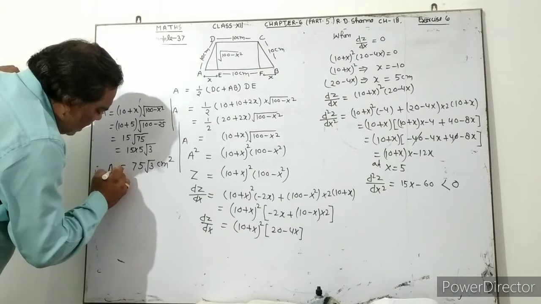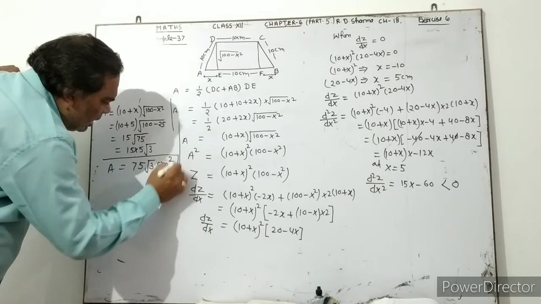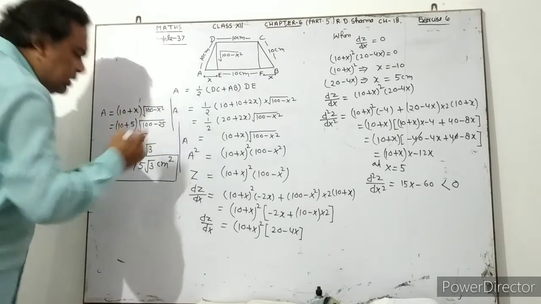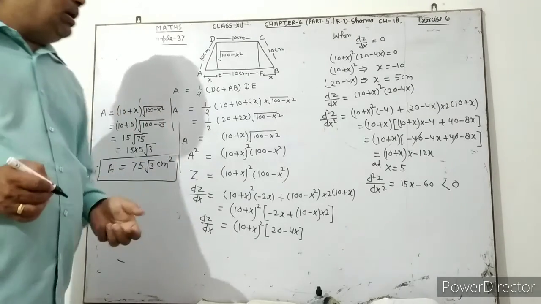This is the area. 75 under root 3 centimeter square is the area.